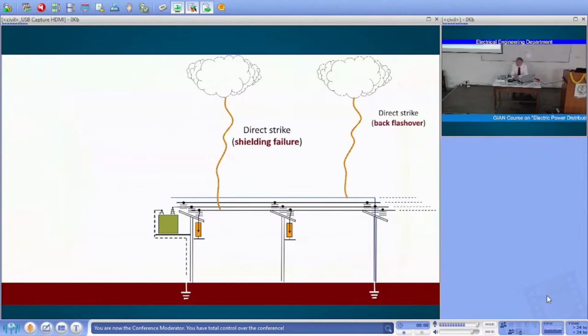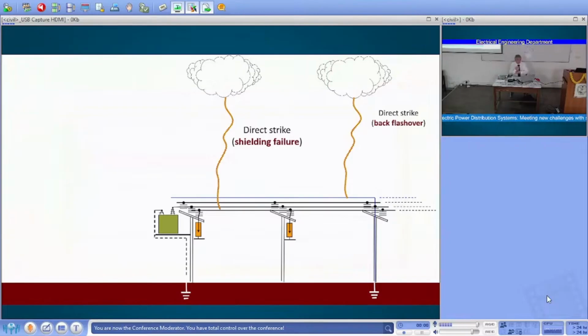You can think about 100 kA flowing to ground, but the impedance of the pole and the impedance of the grounding is not zero. So you can multiply this 100 kiloamps by the typical grounding resistance of the poles.